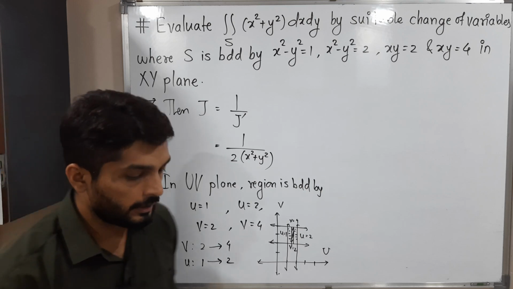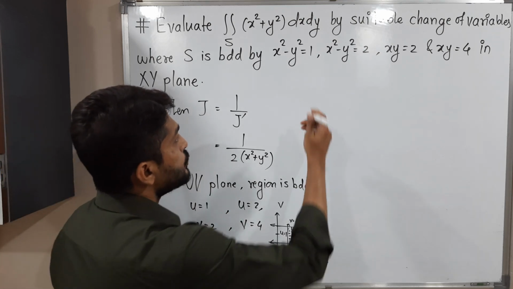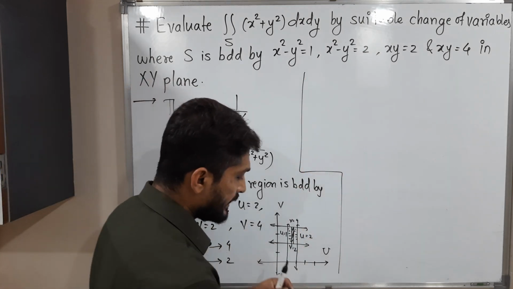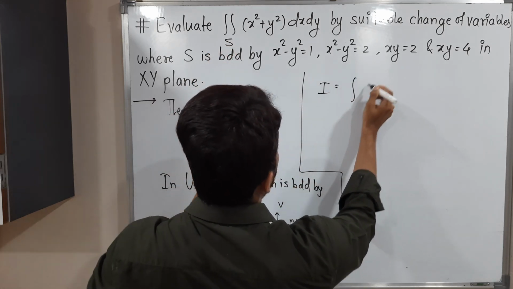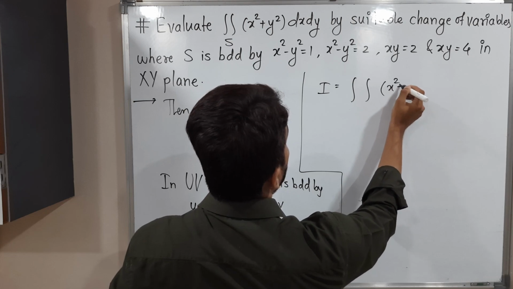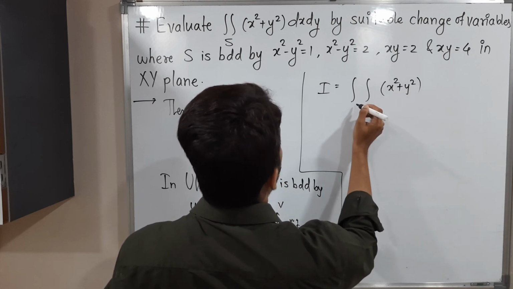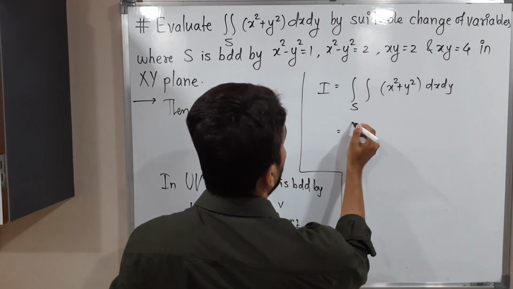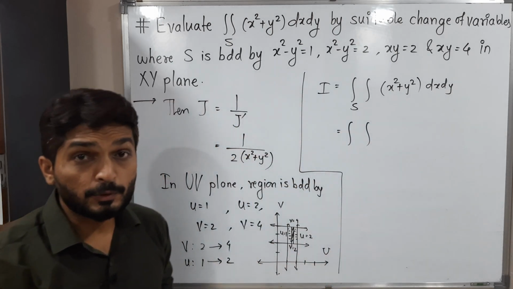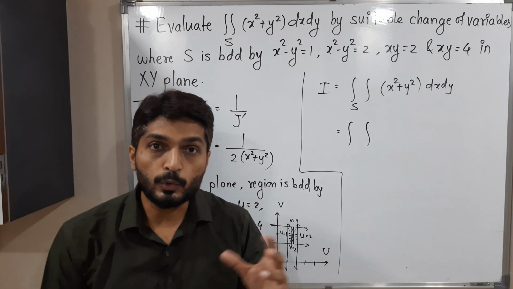Okay, so let us start to solve the integration. What is the integration we have? Let me write I is equal to, this is our integration, x square plus y square over s dx dy. Actually it is in dx dy, but now with the help of that substitution, we have converted the problem into the UV plane.